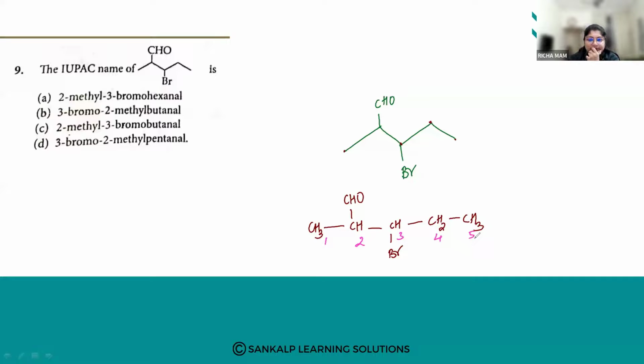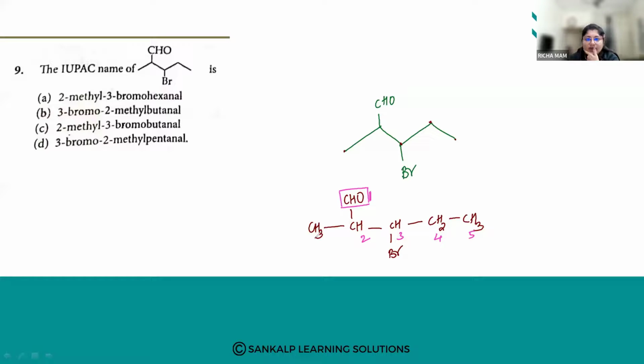If I number like this, there is a pentanol also, right? So I should consider the aldehyde group. Okay, I should consider the aldehyde group, so I should number it from here: 1, 2, 3, 4, 5.